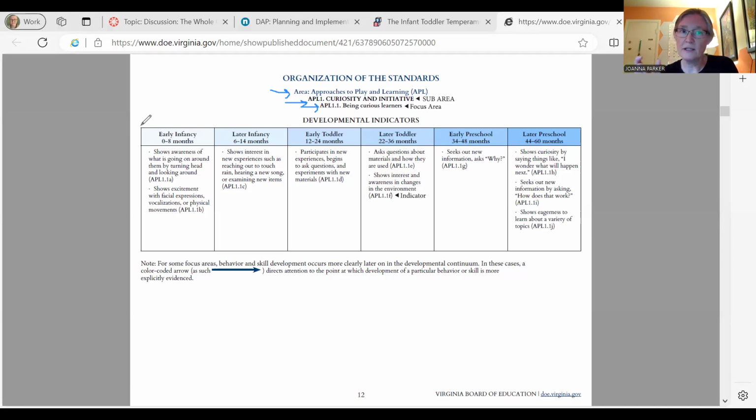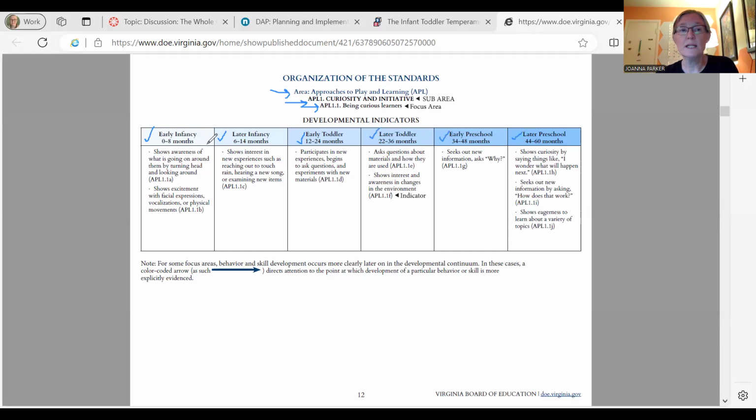And this is organized into these stages of early infancy, later infancy, early toddlers, later toddlers, early preschool, and later preschool.